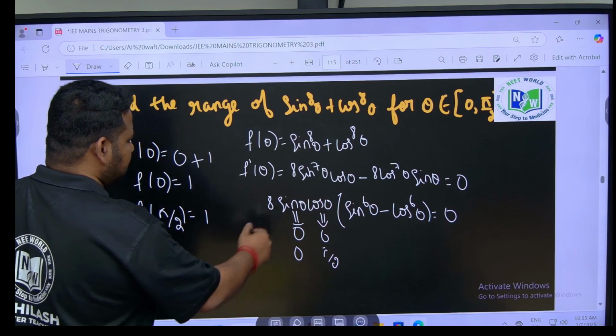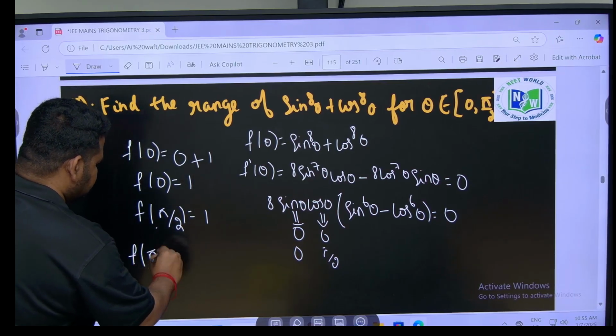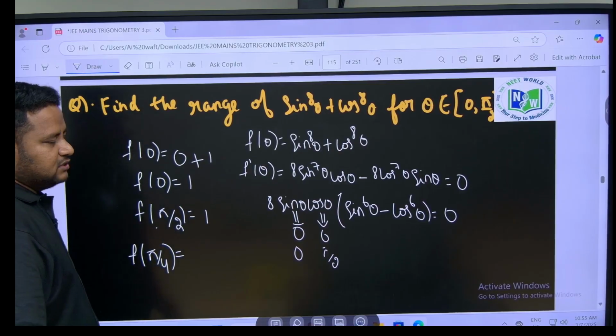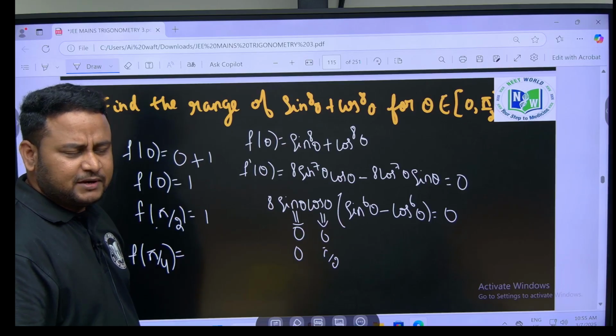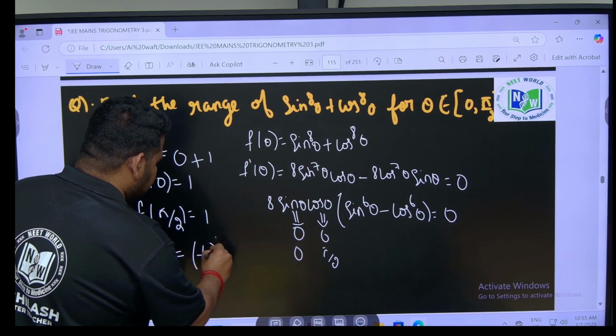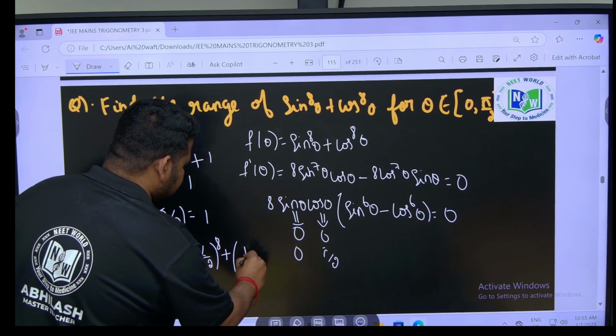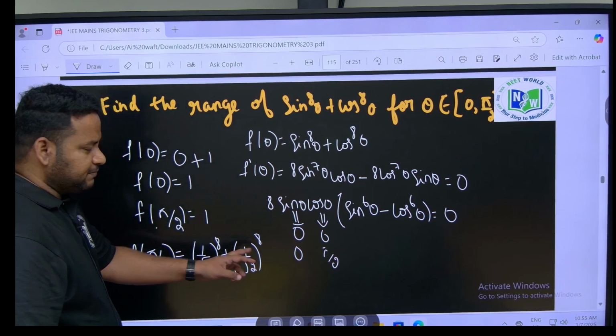Now let us look at pi by 4. If I take pi by 4, what will I get, friends? Sin pi by 4 is nothing but 1 by root 2. Cos pi by 4 is nothing but 1 by root 2. So this will be equal to (1 by root 2) to the power of 8 plus (1 by root 2) to the power of 8.